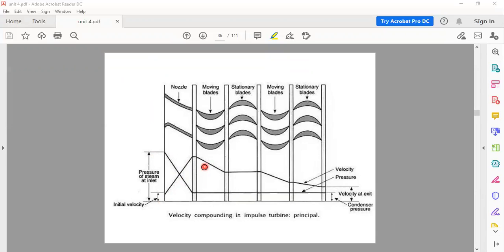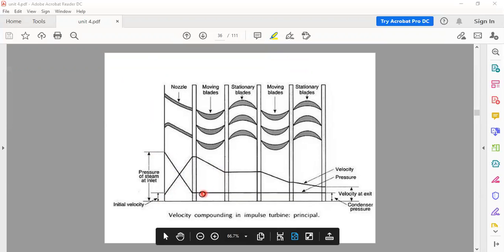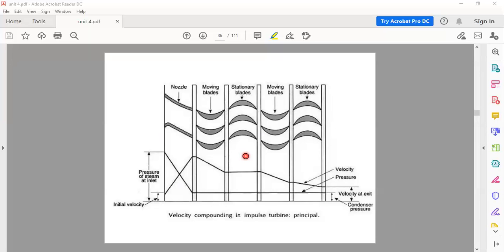After that, steam passing through moving blades, here our velocity slightly decreases and pressure is constant. After that, stationary blade or guide blade, here both parameters of the steam are constant. After that, again we use a moving blade, in this moving blade, our velocity decreases, pressure constant.